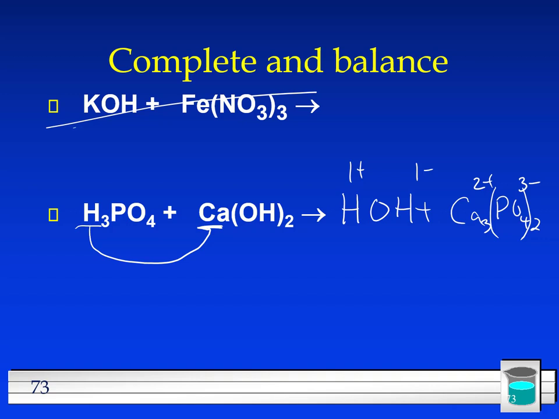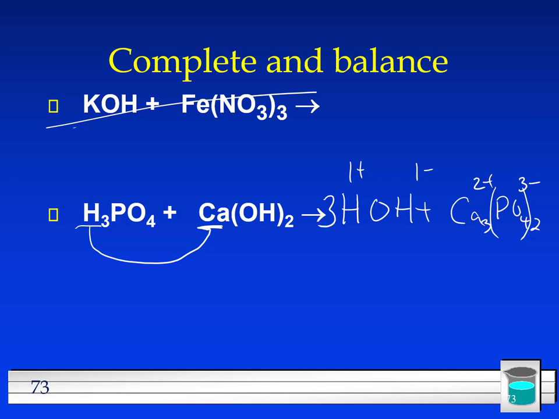So if I start counting O's and H's, look at all the O's in there. Look at all the H's in there. I want to count polyatomic ions. So I have 3 H's in front of H3PO4. So I'm going to put a 3 in front of HOH to give me 3 H's. That gives me 3 OHs. That doesn't do me any good. Okay.